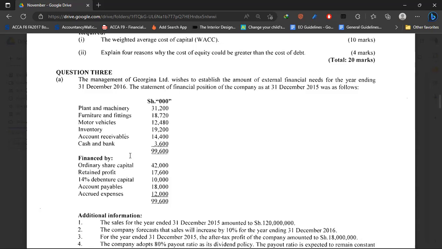Then the total is 99,600. Financed by ordinary share capital, 42,000, retained profit, 17,600, 14% debenture capital, 10,000, account payables, 18,000, accrued expenses, 12,000. Total is 99,600. Scroll down, additional information.